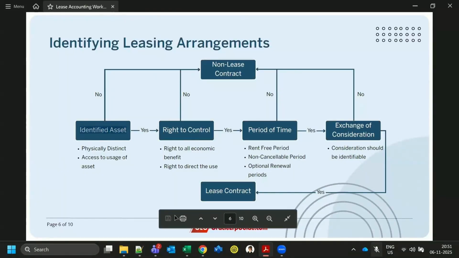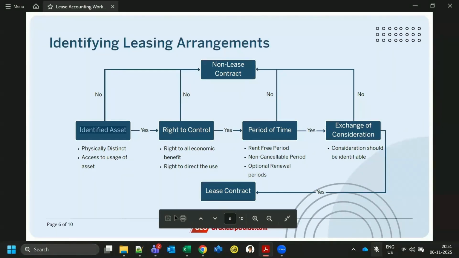I have complete details of the property in my lease contract, and hence I can clearly identify the asset. Or I have access to substantial usage of that particular property in terms of capacity. For example, you're taking a machine on lease. The capacity of the machine is to produce 2,000 quantities per week, for example.